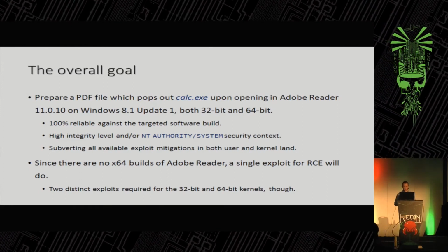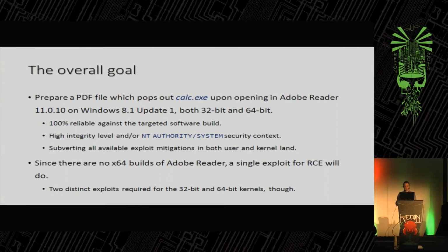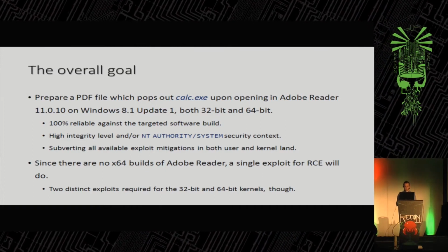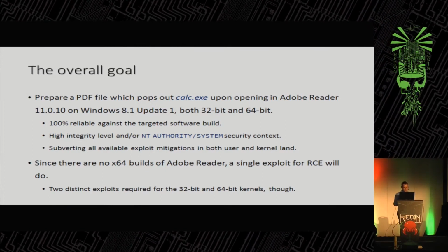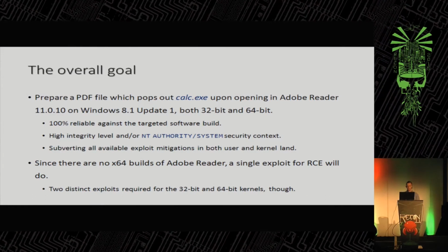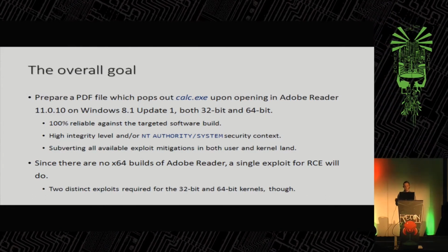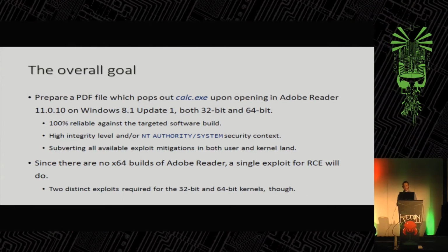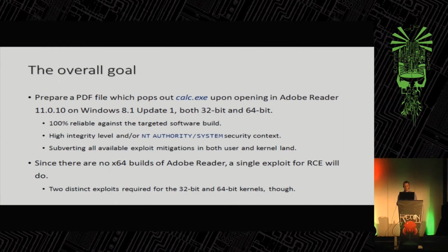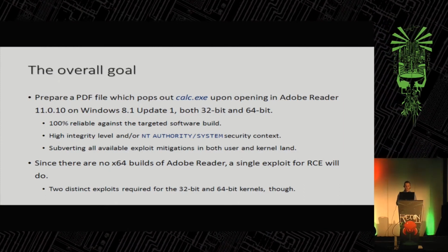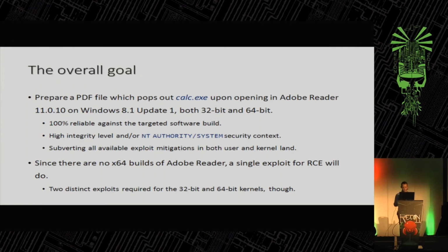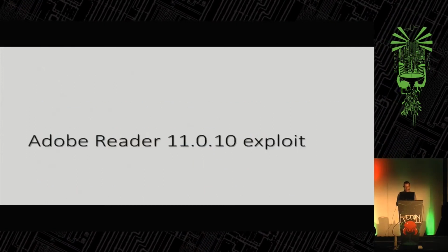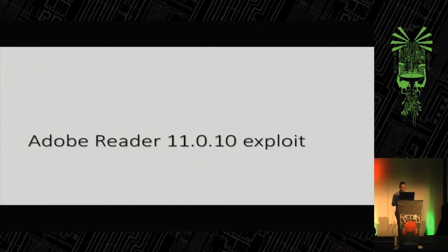So this means that we want a full system compromise, subverting all available exploit mitigations, because the vulnerability allows us to do this. And since there is no 64-bit Adobe Reader, we can just create a single PDF that will exploit the vulnerability. And then inside of the second stage payload, we can differentiate between 32-bit and 64-bit kernels and attack them accordingly. So let's start with the userland exploit.